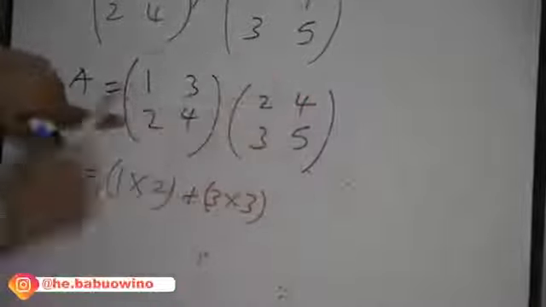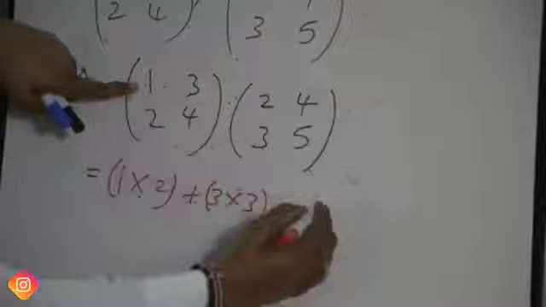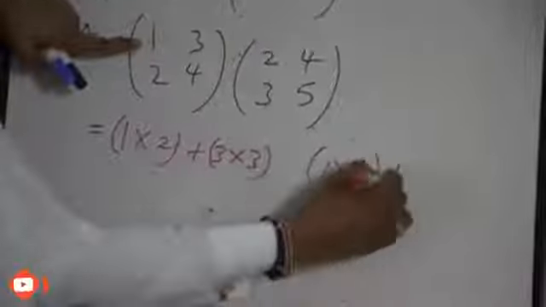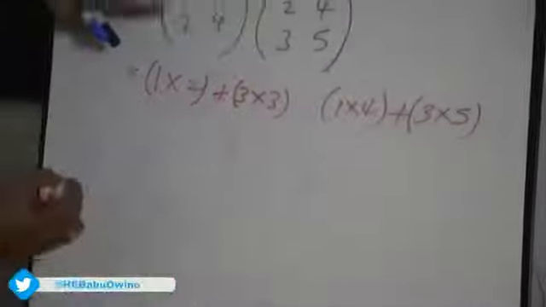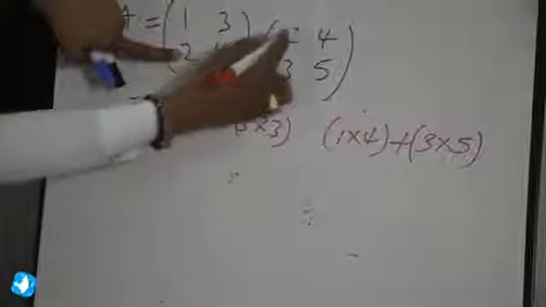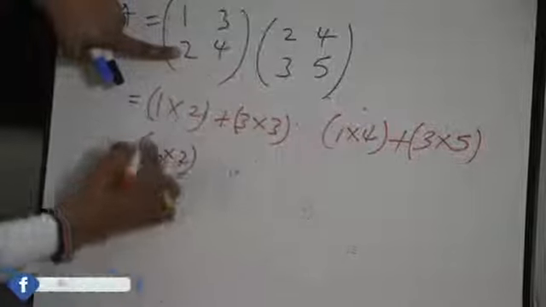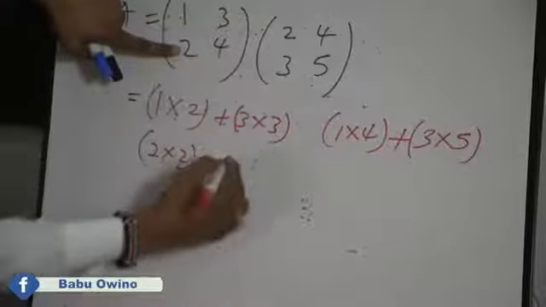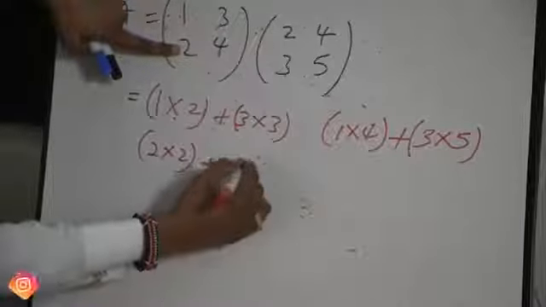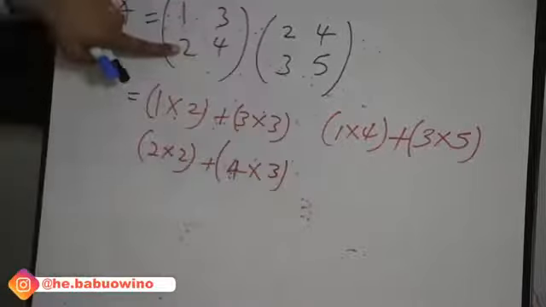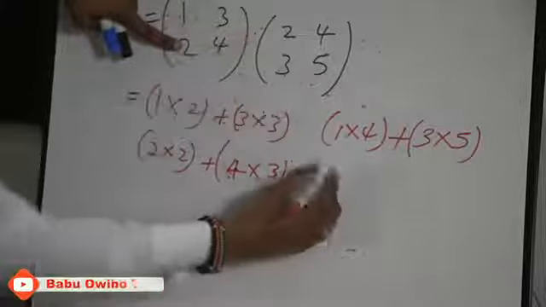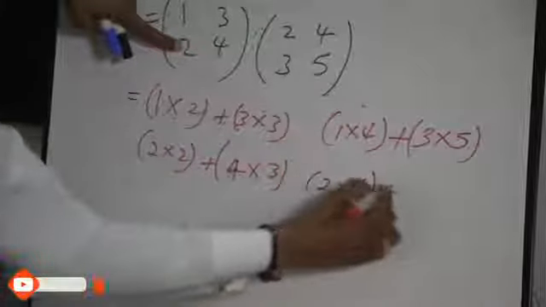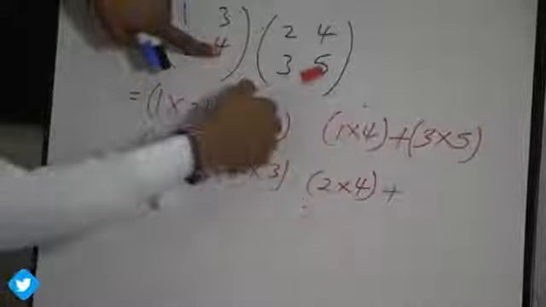Then we go to the next column, 1 times 4 plus 3 times 5. Next one is 2 times 2 plus 4 times 3. And lastly is 2 times 4 plus 4 times 5.